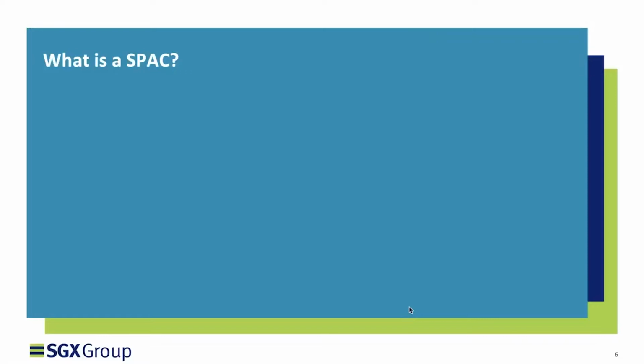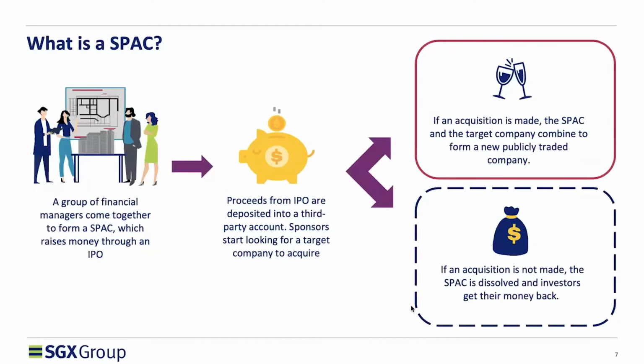Okay, so the first question is, what is a SPAC? Very briefly, a SPAC is effectively a blank check company formed for the sole purpose of acquiring another company. So how does this really work?